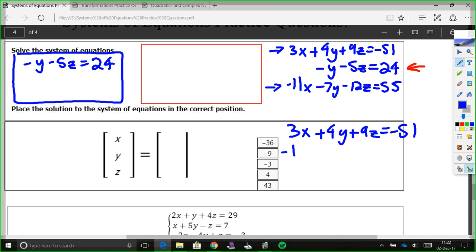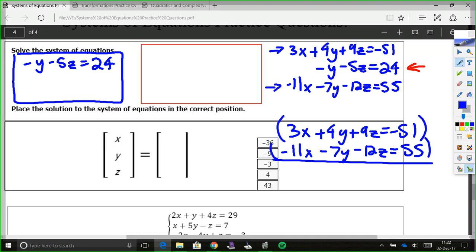And then the other equation is negative 11x minus 7y minus 12z equal to 55. All right, so I'm going to use the elimination method. Now that means I need to try to cancel out the x's or y's or z's, but notice that the equation we chose to the left has y and z, so we need to eliminate the x variable here. So let's multiply the top equation by 11 and the bottom equation by 3.